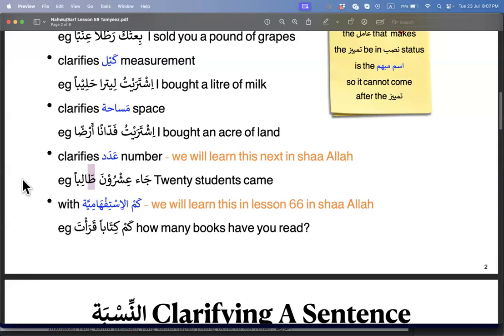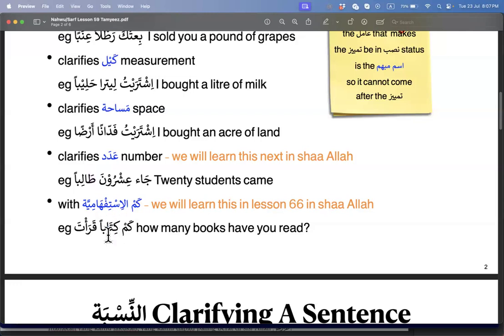Okay. Next one. This is a question. This is istifhamiyah. We'll do that later on when we do kam. But basically, when you see kam, when someone asks how many what, for example, kam comes with a tamyiz.